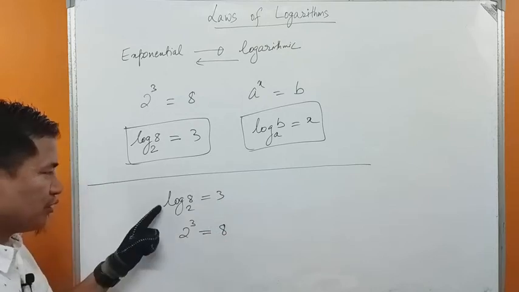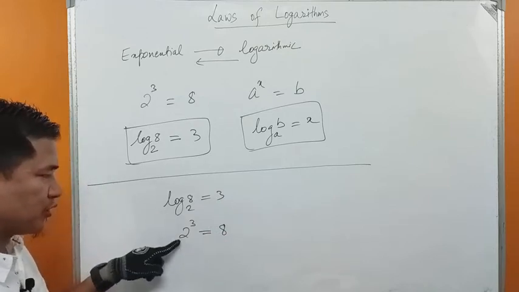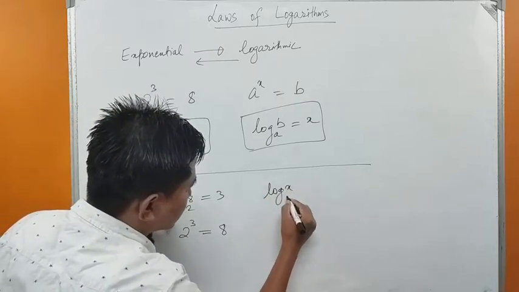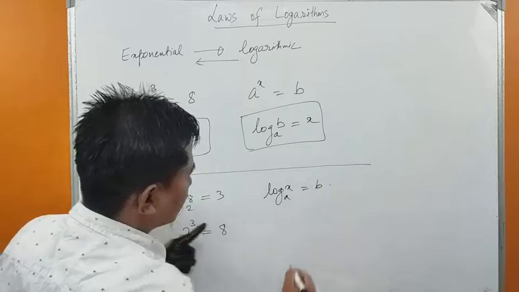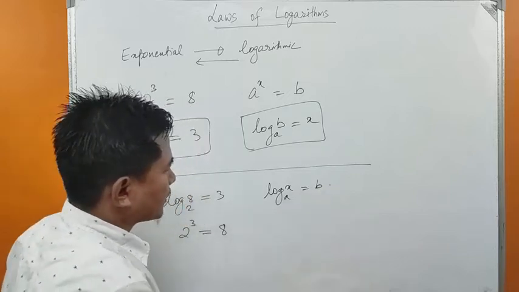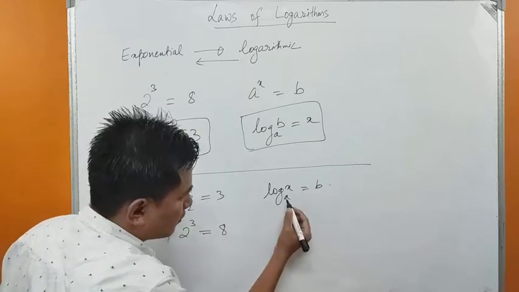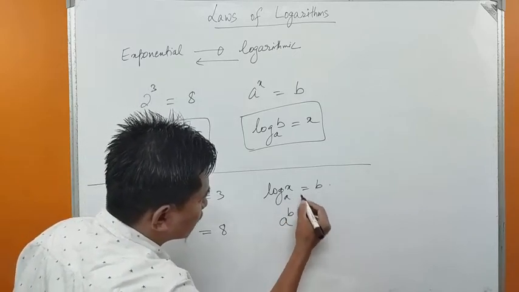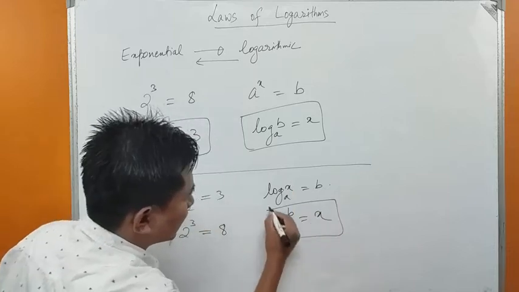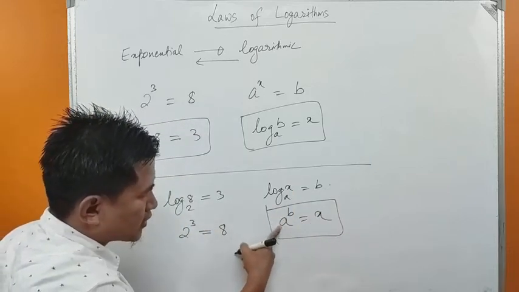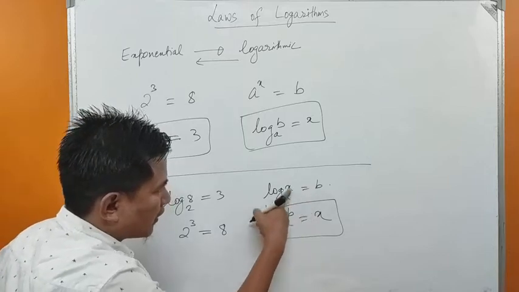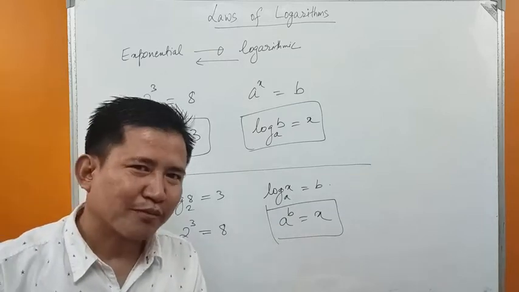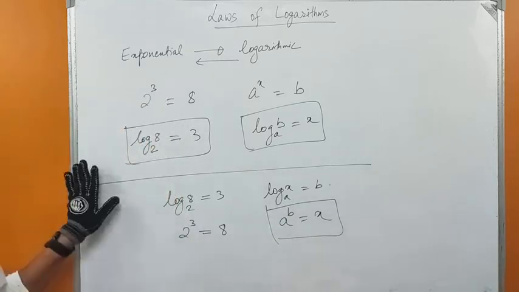So this is the logarithmic equation and this is the exponential form. So if log x to the base a equals b, then a is base, b comes here as power, equals x. This is how we convert a logarithmic equation to exponential form. I hope you got this.